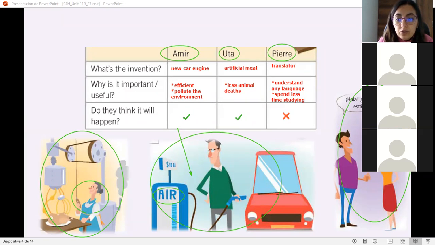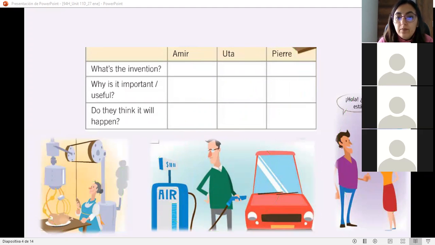So I'm going to share with you the screen and I will ask some of you to help me reading them. Why? Because later you're going to tell me what these websites are talking about. What is the invention they are talking about, okay? So help me reading, please.